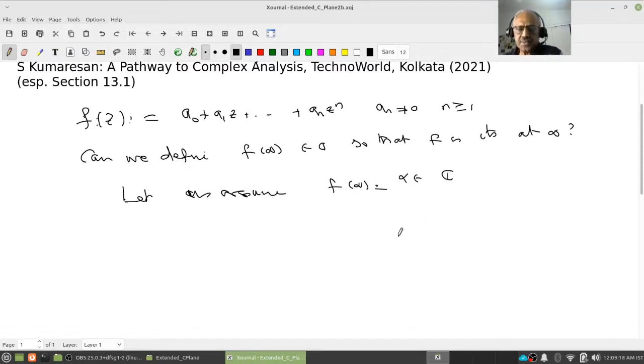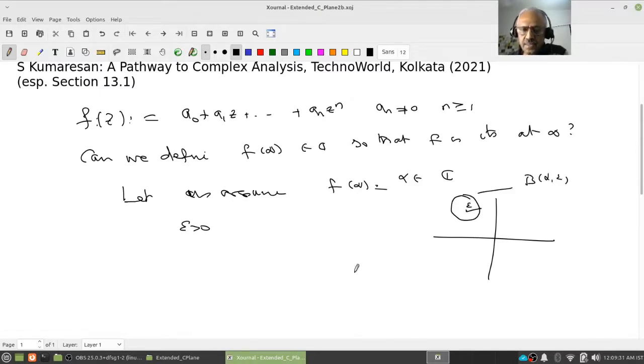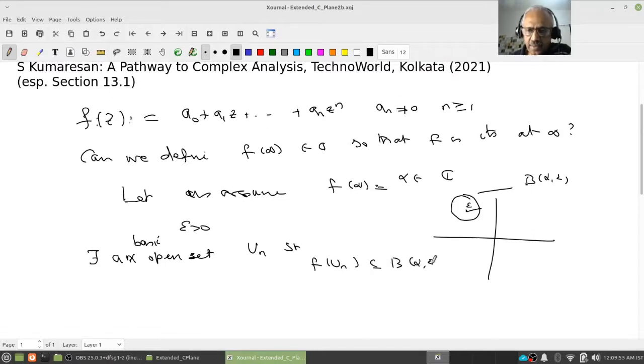I want to check continuity of f at infinity, therefore let epsilon be given. So let me look at B(alpha, epsilon). Therefore if f is continuous with this definition of f of infinity, then there exists an open set, in fact a basic open set, call it U_N, so that f of U_N is contained in B(alpha, epsilon).